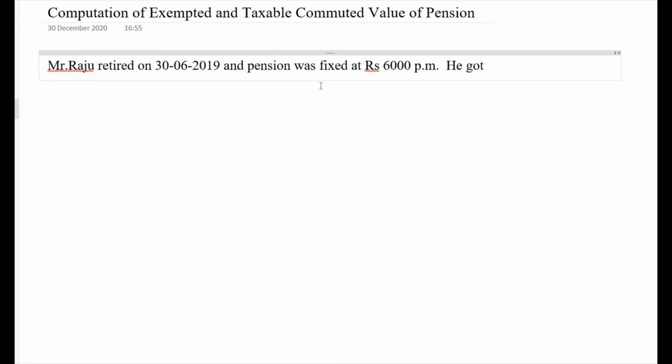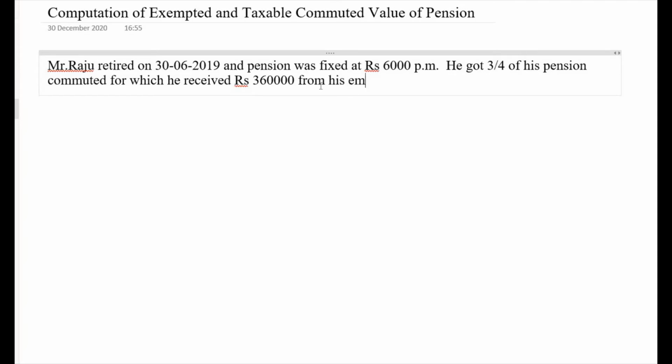He got 3/4 of his pension commuted, for which he received rupees 3,60,000 from his employer A Limited.